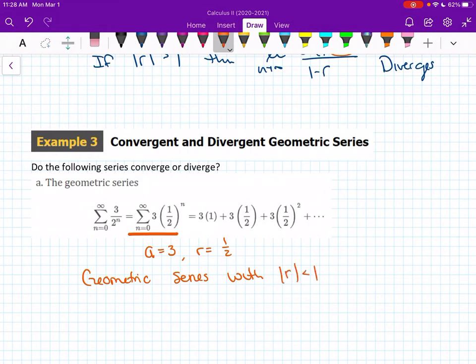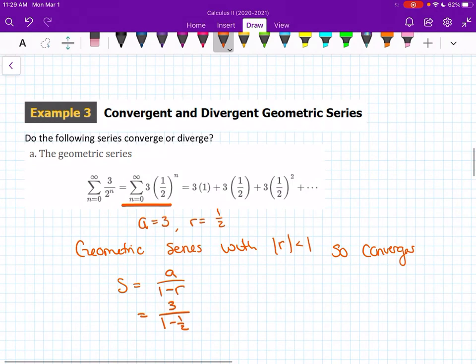The absolute value of r is less than 1, so it converges. Then we can use our theorem to say that the sum is going to equal a over 1 minus r, which is 3 over 1 minus 1/2, which is equal to 6.